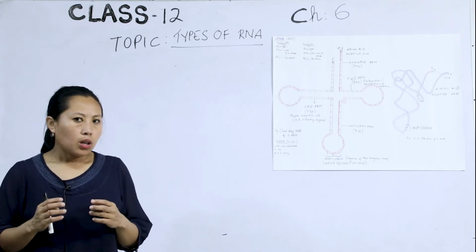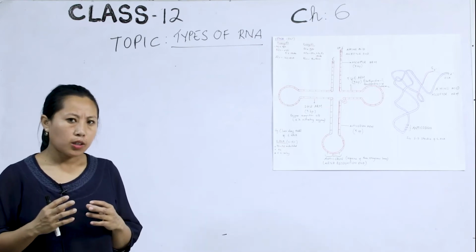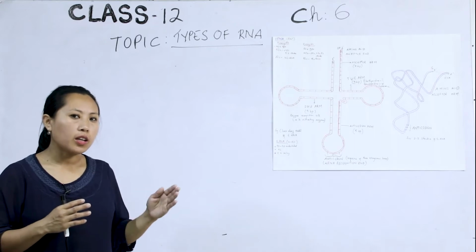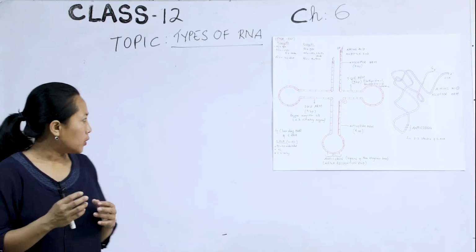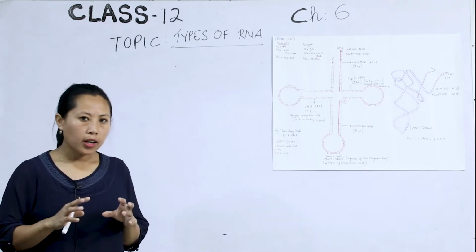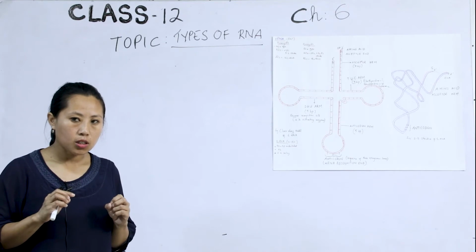This RNA acts as the genetic material in organisms where DNA is absent, and it is of different types. These different forms of RNA perform different functions at different levels of protein synthesis.